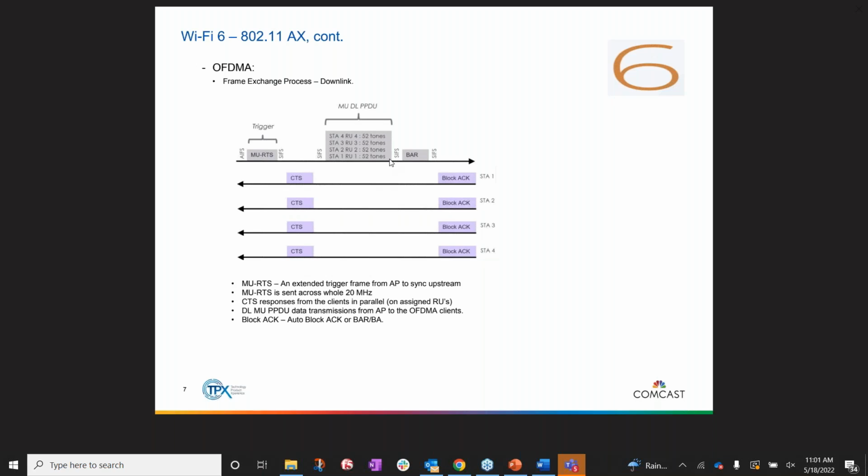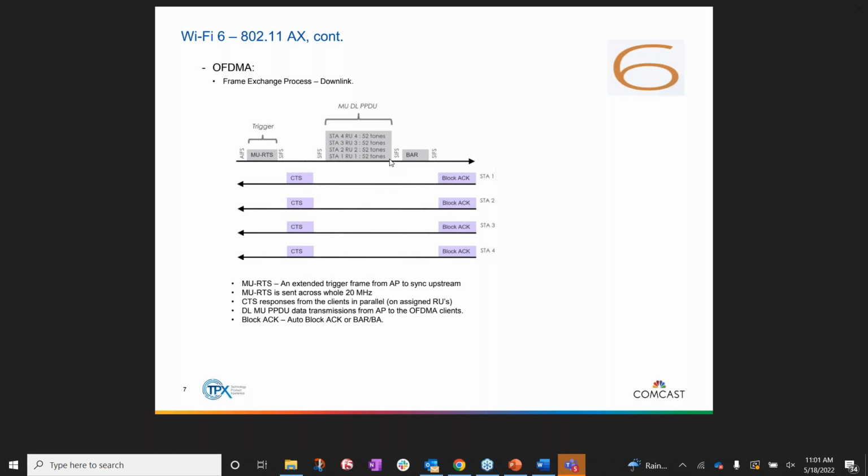And after a wait time of SIFS, the AP can initiate back-to-back aggregated A-MPDU packets. In this case, we see 52 tones for 4 different clients, but it need not necessarily be the same every time. Depending on the client need, it can change.